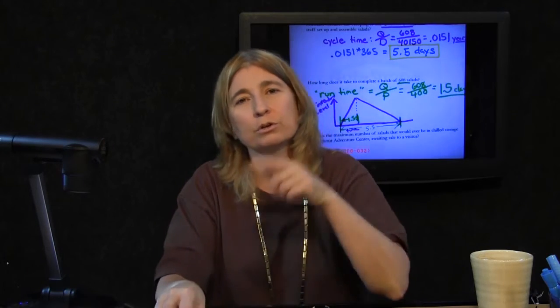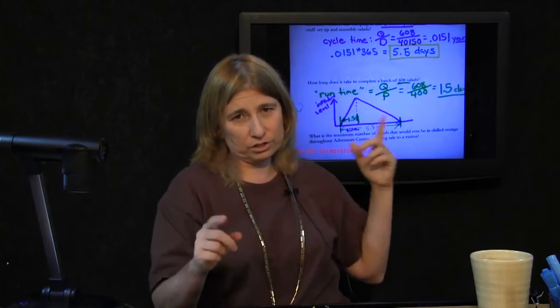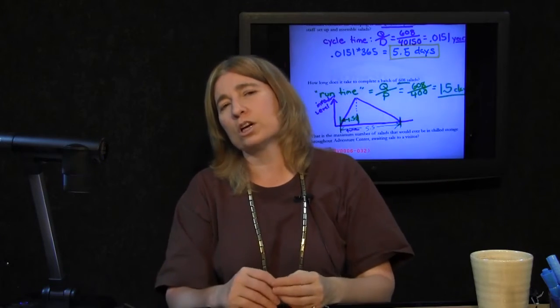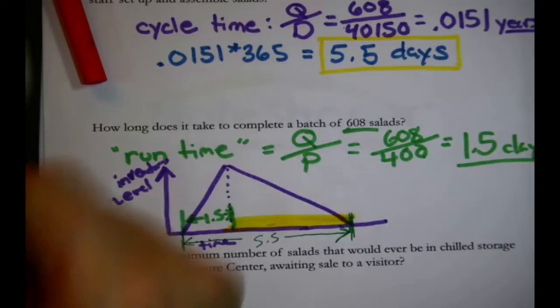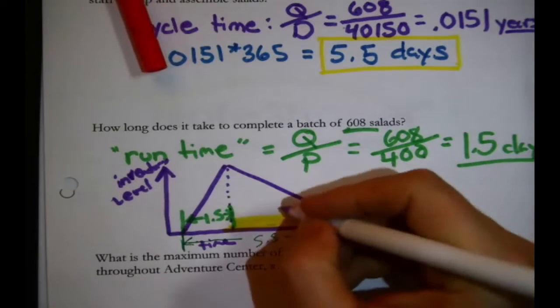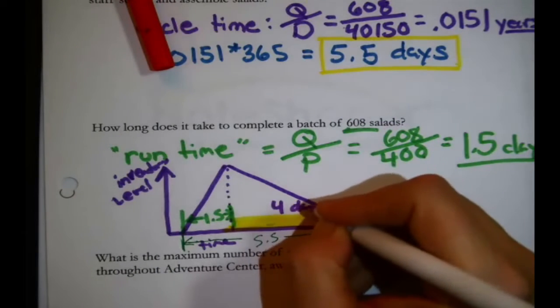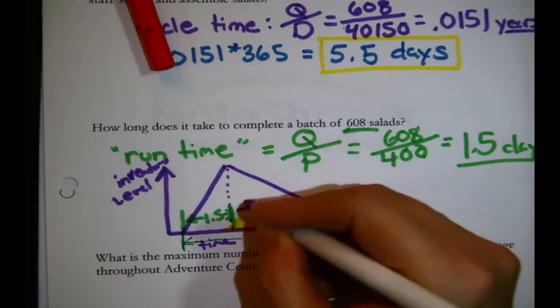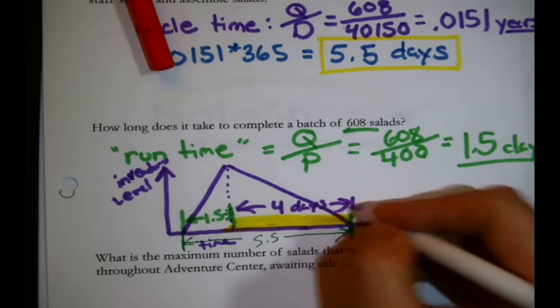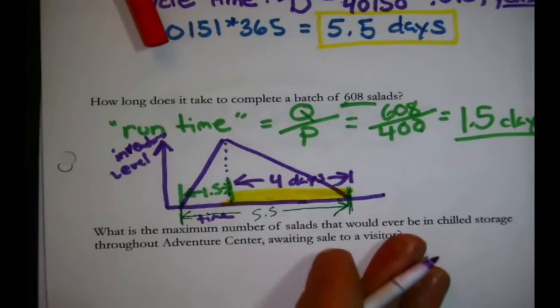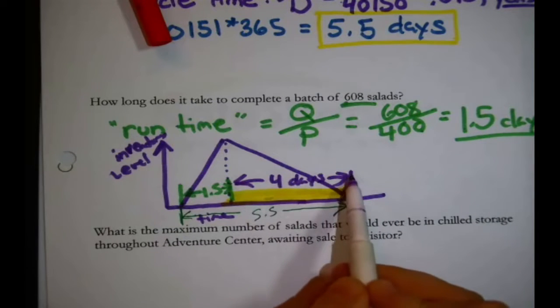That means the so-called consumption only phase, and that's why I wanted to sketch this sawtooth, right in here, where you're coasting along, just using up, or in our case, selling off salads that are already in the refrigerated locker. Well, that would have to balance this 5.5 minus 1.5.